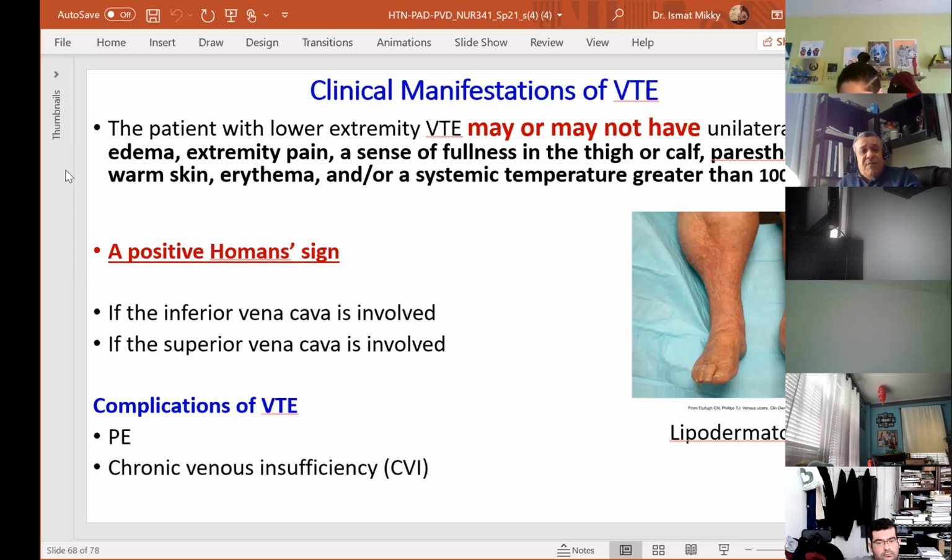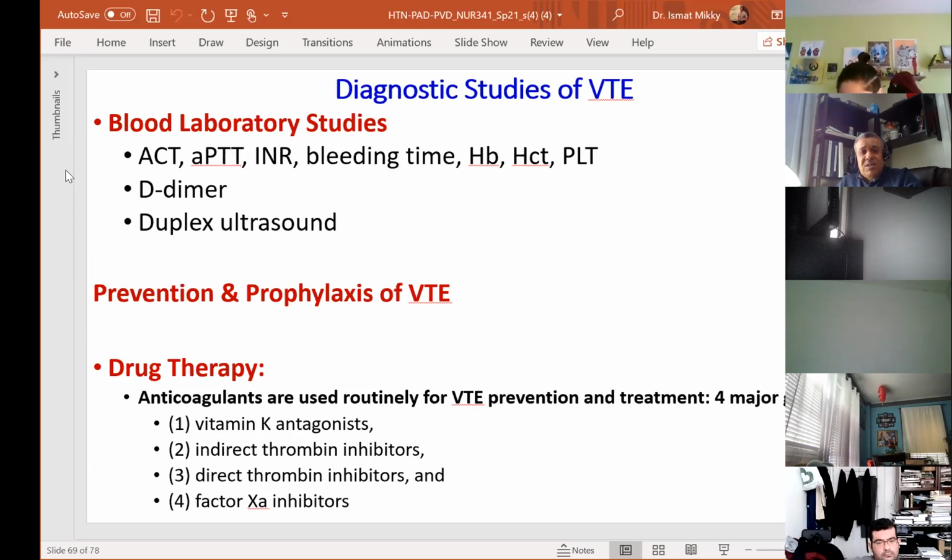The diagnostic studies would include blood testing, like all the coagulation measures: ACT, the APTT, which is activated partial thromboplastin time, INR, international normalized ratio, bleeding time, PT, platelet count, D dimer, fibrin.